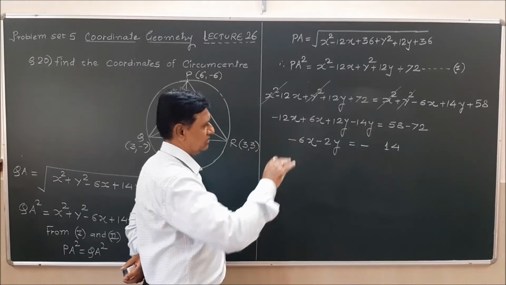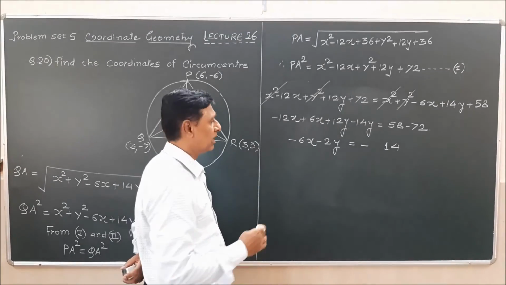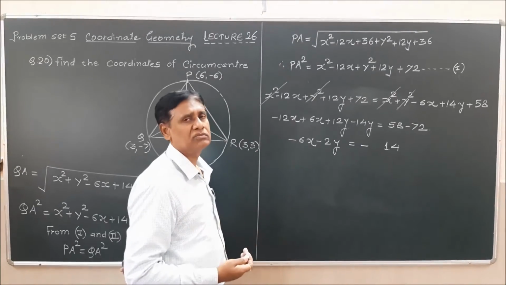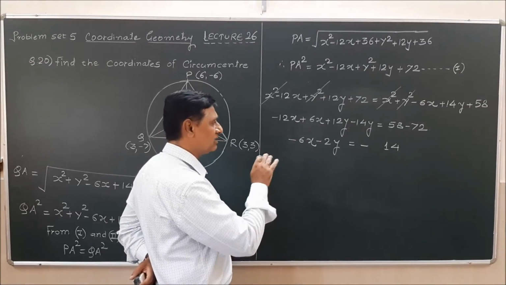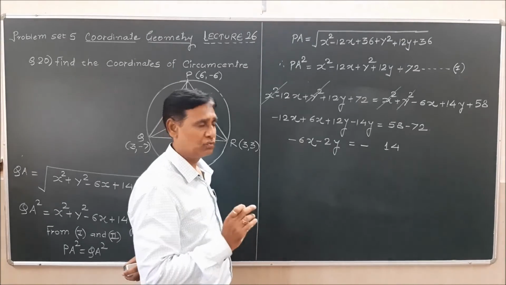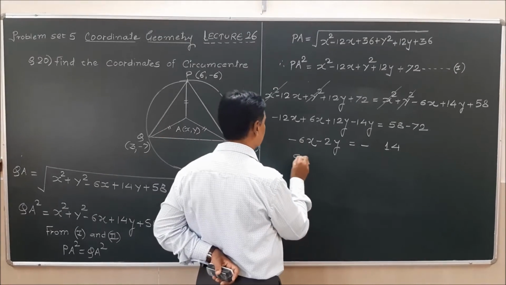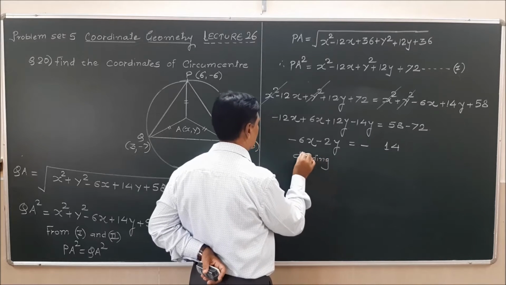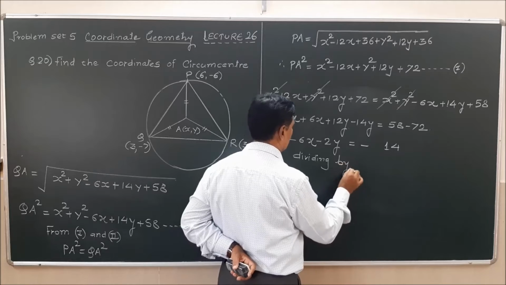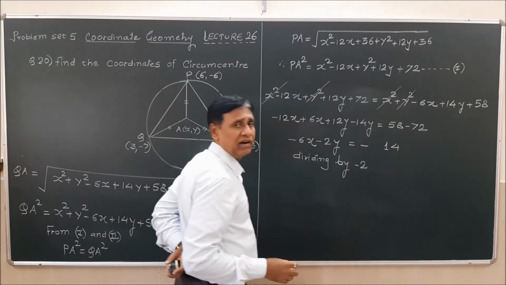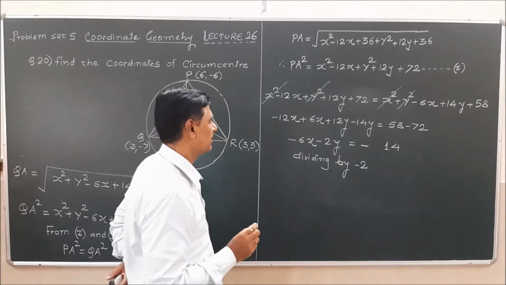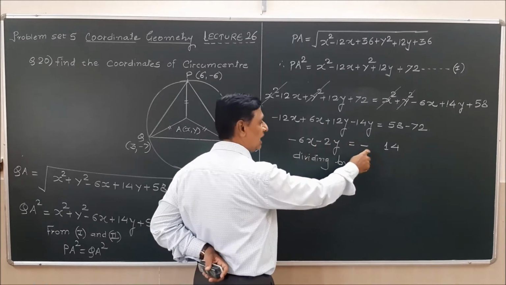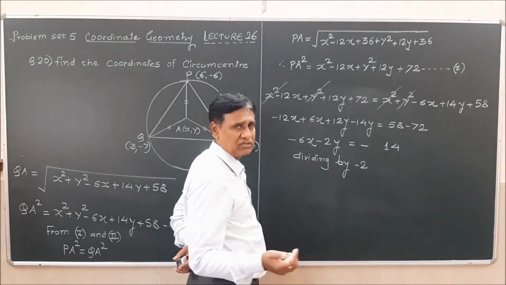Now all these numbers are divisible by 2 and the minus sign is also there. So what I am going to do now is divide this equation by minus 2. Please be careful here. If I divide this by minus 2, this minus becomes plus, this minus becomes plus, as well as this minus upon minus will also become plus.